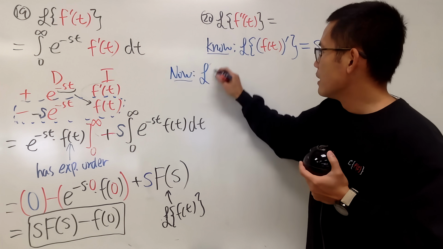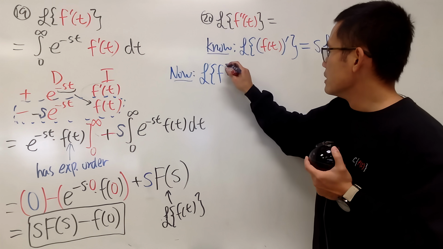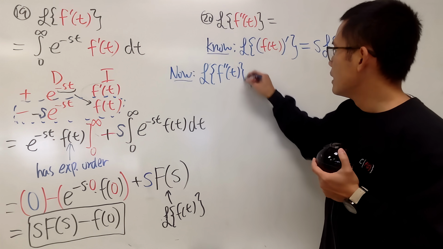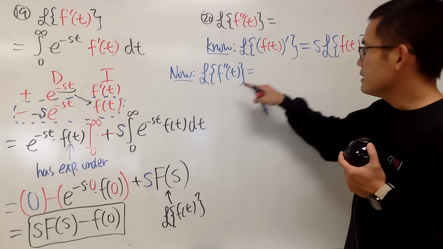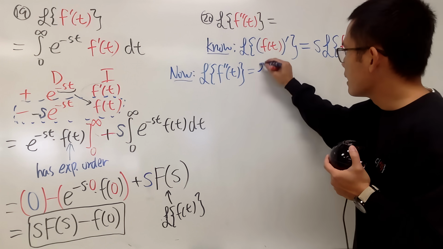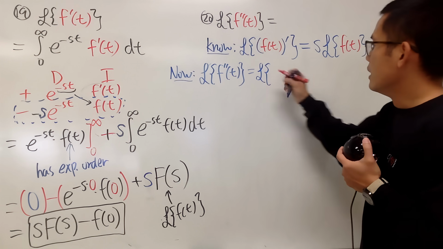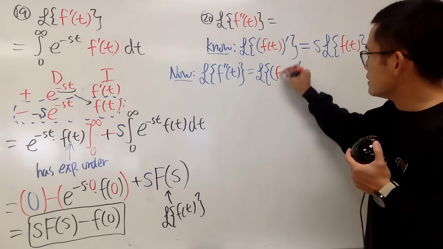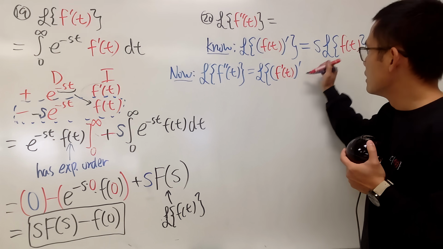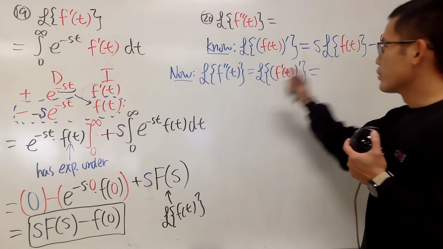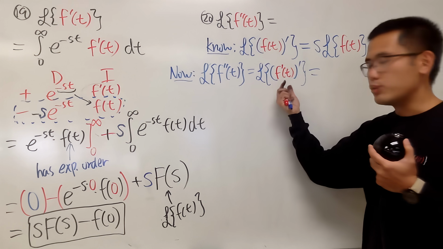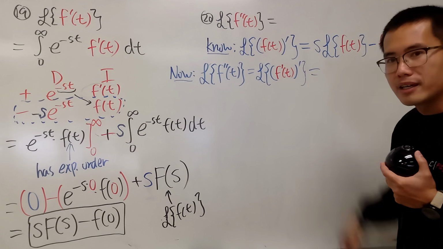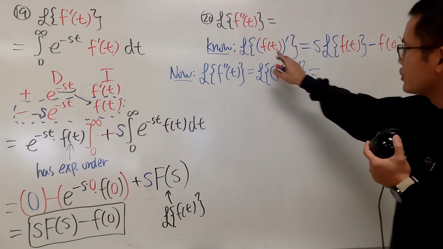If you have the Laplace of the second derivative of t, like this, right? This is nicely equal to the Laplace transform. You just have to differentiate the first derivative. So as you can see, all I did is just rewrite this. F double prime is the same as f prime, and then prime that again. Yeah. Now check this out.